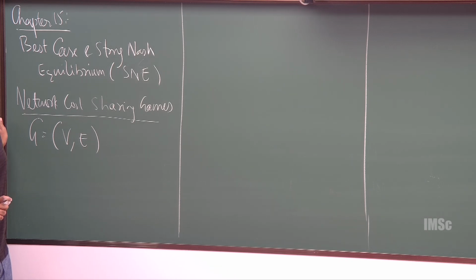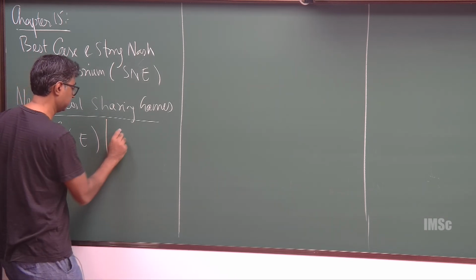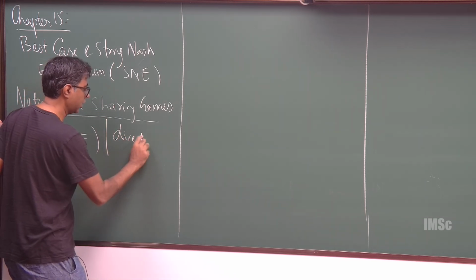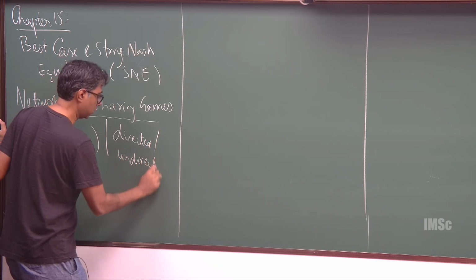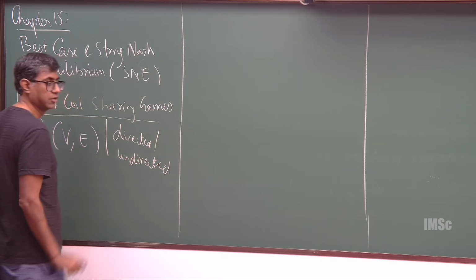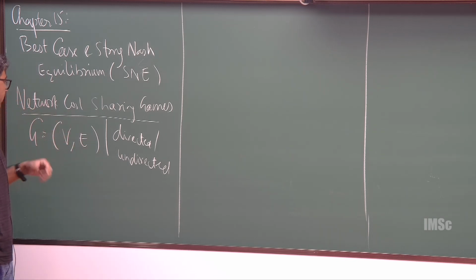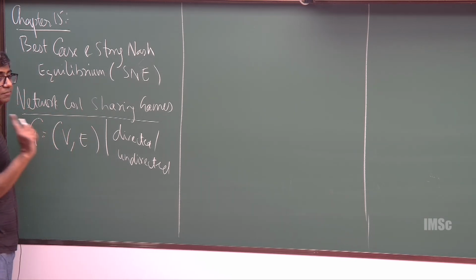This graph can be either directed or undirected. So network cost sharing games will have this, and then you have some k agents.